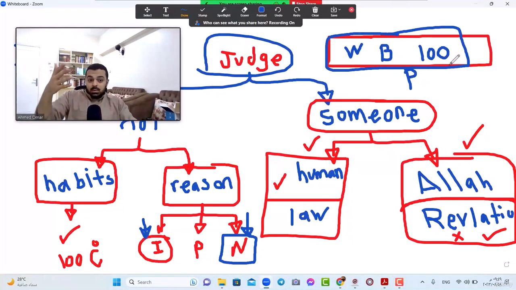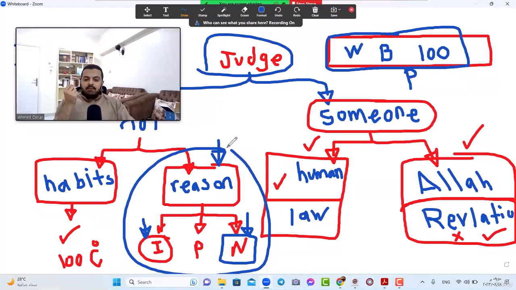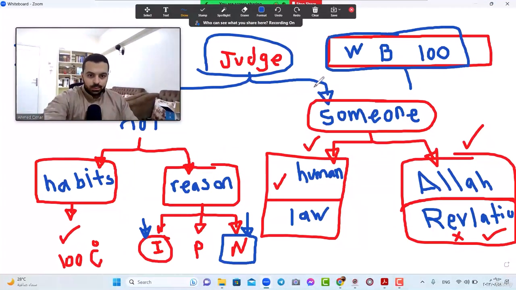It is possible that we see, according to reason, that water boils at 100 degrees. So this is the reasoning. Reasoning is a very big, wide circle that controls our life.